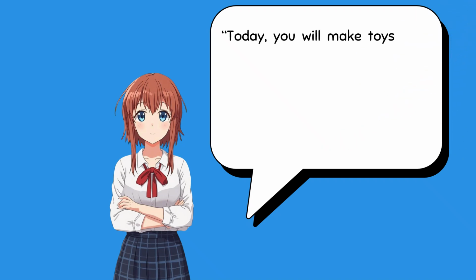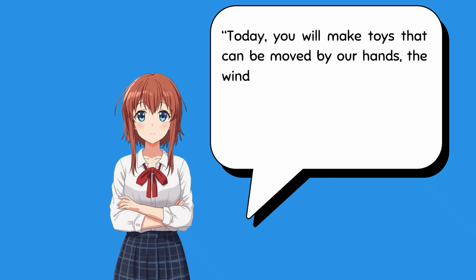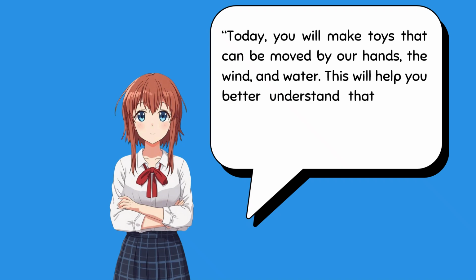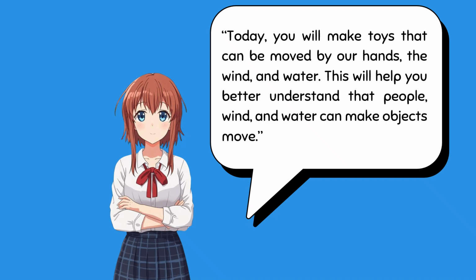Today, you will make toys that can be moved by our hands, the wind, and water. This will help you better understand that people, wind, and water can make objects move.